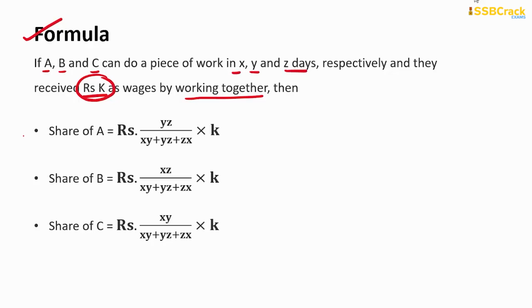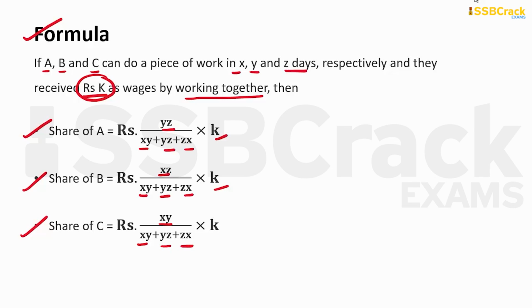So the share of A will be given by rupees YZ upon XY plus YZ plus ZX into K. Then the share of B will be XZ divided by XY plus YZ plus ZX into K. Then the share of C will be XY divided by XY plus YZ plus ZX into K.